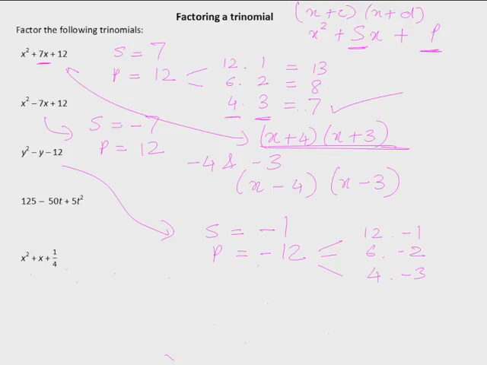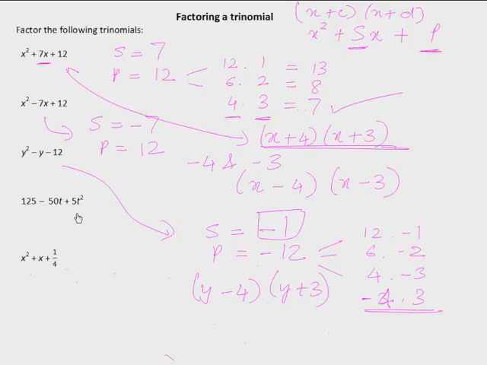But notice 4 into minus 3 is giving me a sum of 1. I want a sum of minus 1. So I can do it as minus 4 into 3. Minus 4 into 3 also gives me a product of minus 12. And now the sum is minus 1. So my two numbers are minus 4 and 3. So this factors as y minus 4 into y plus 3.